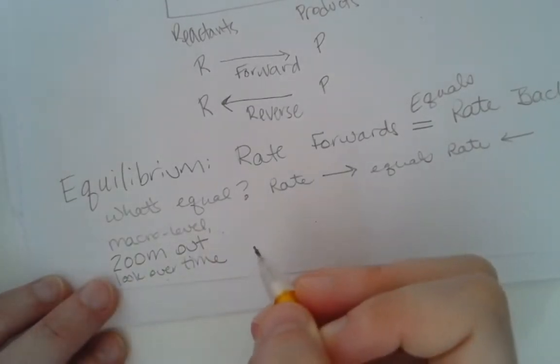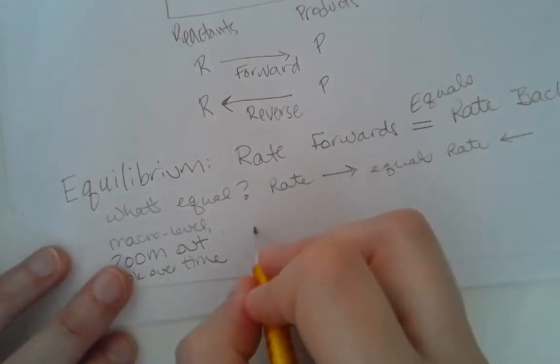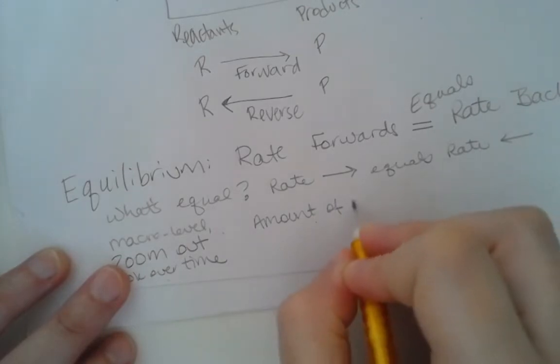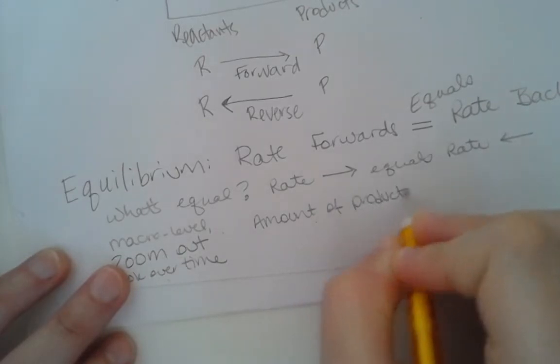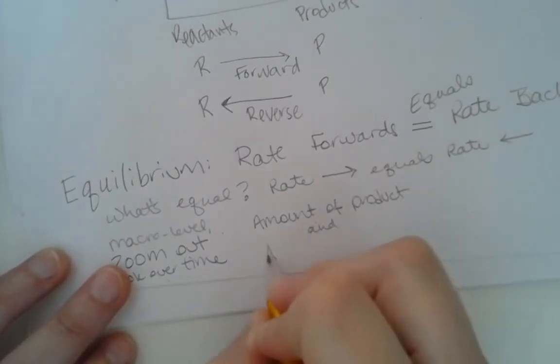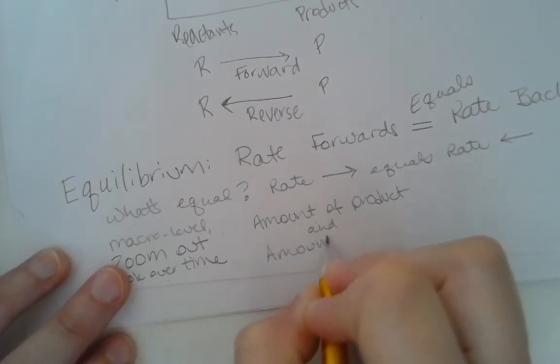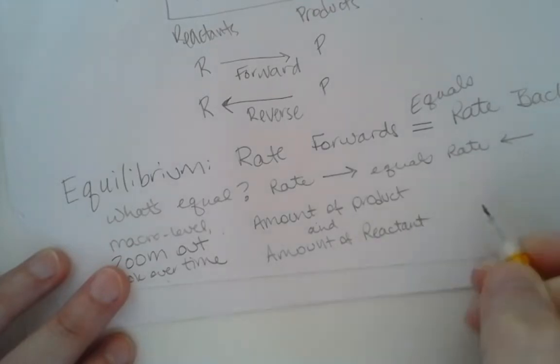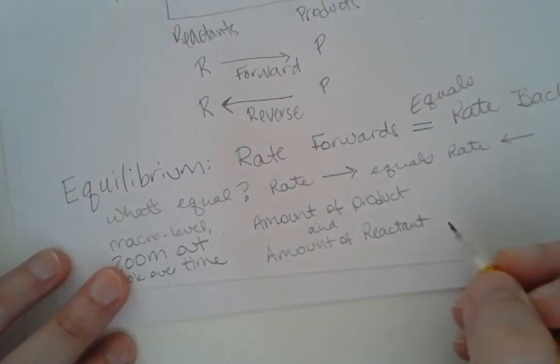and what you see is the amount of product and amount of reactant stay more or less constant.